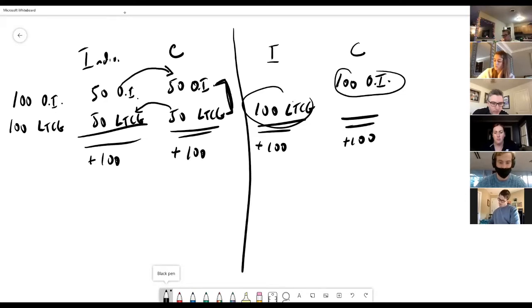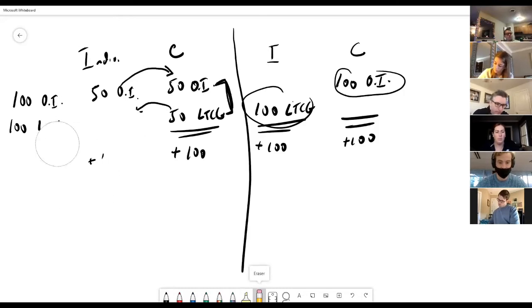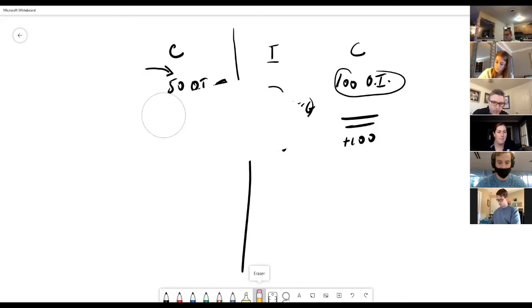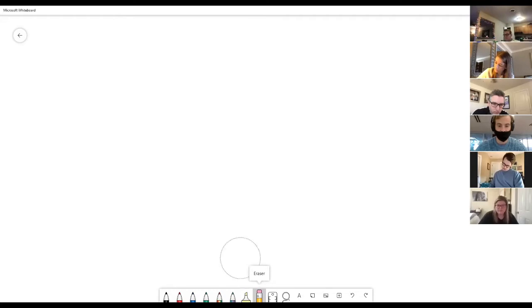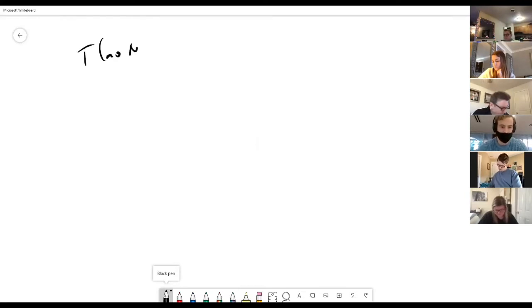Let me do one other example here. Without substantiality, you could just play this sort of game of shifting offsetting allocations. So let's say you have a taxpayer with no NOL, and now you have a taxpayer with an NOL.